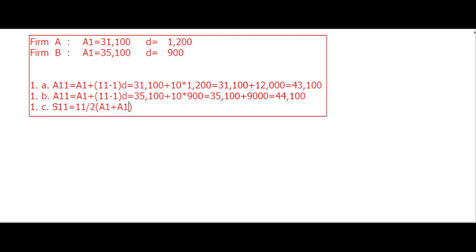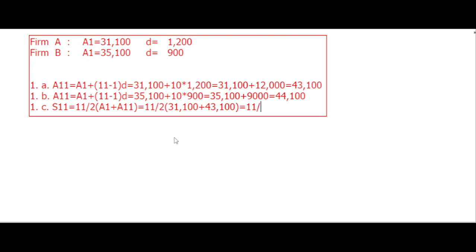This is equal to 11 divided by 2 into, we have A1 in the firm A 31,100 plus A11, here we have 43,100.